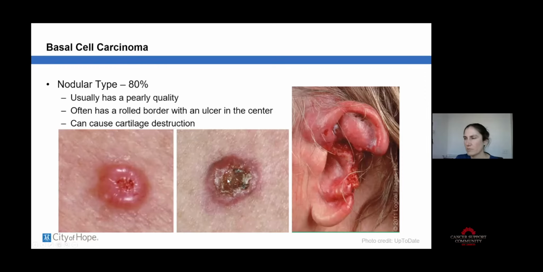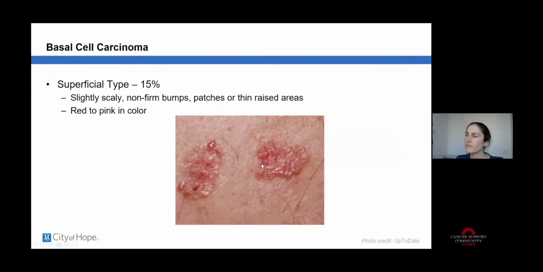This one has a bigger ulceration, not quite as much border, but still, this one on the left is a more classic appearance. And if it happens somewhere like the ear, it can start to cause destruction of the cartilage locally, kind of eating away there. And then the superficial type is just more like a red or pink area with some patches or bumps, and that's a little bit less common.